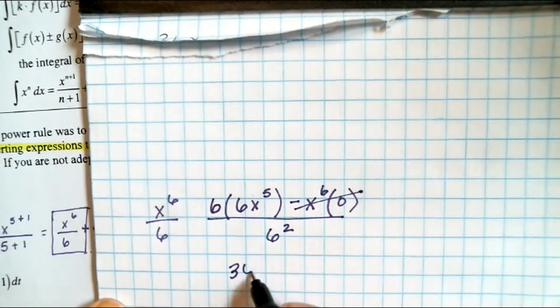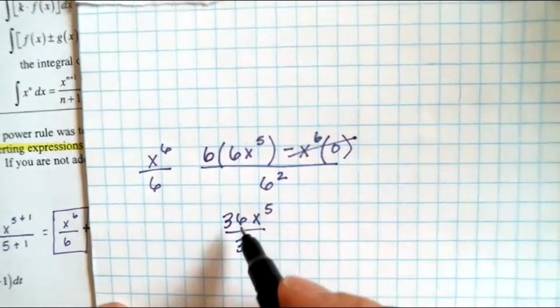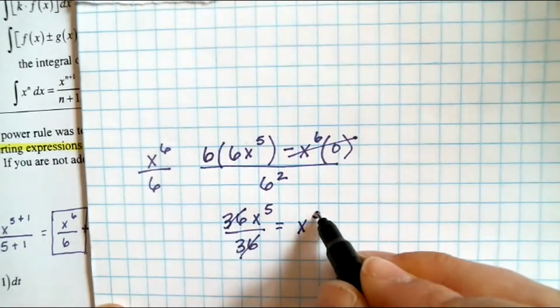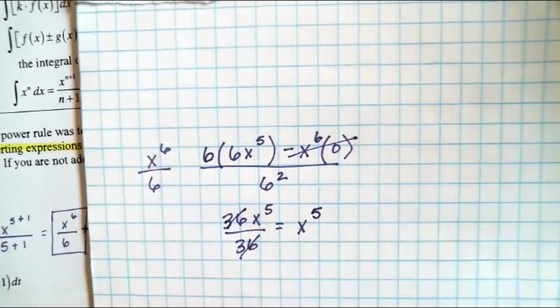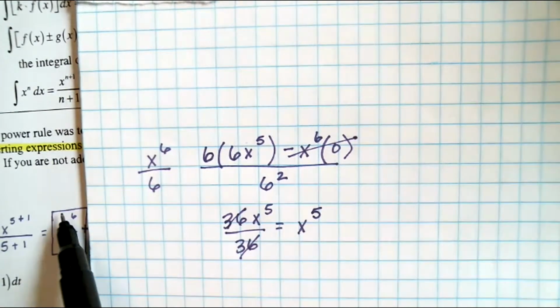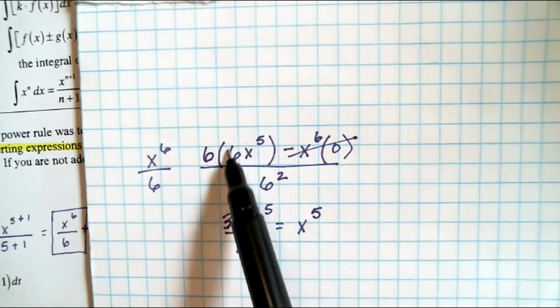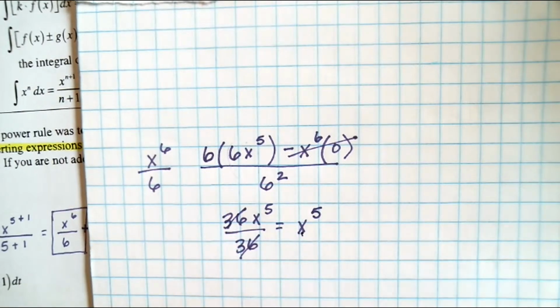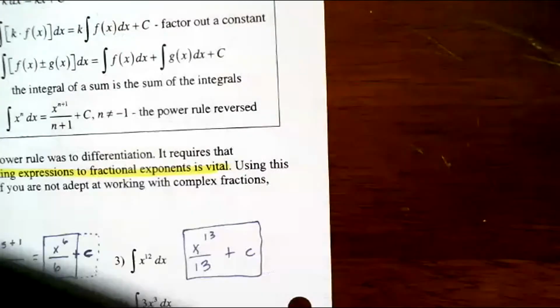That is 36x to the 5th over 36. And then from there, the 36 cancel, leaving me just x to the 5th power. So just kind of showing you that when you do the quotient rule with it and take the derivative, you're going to get back to where we're at. Okay?